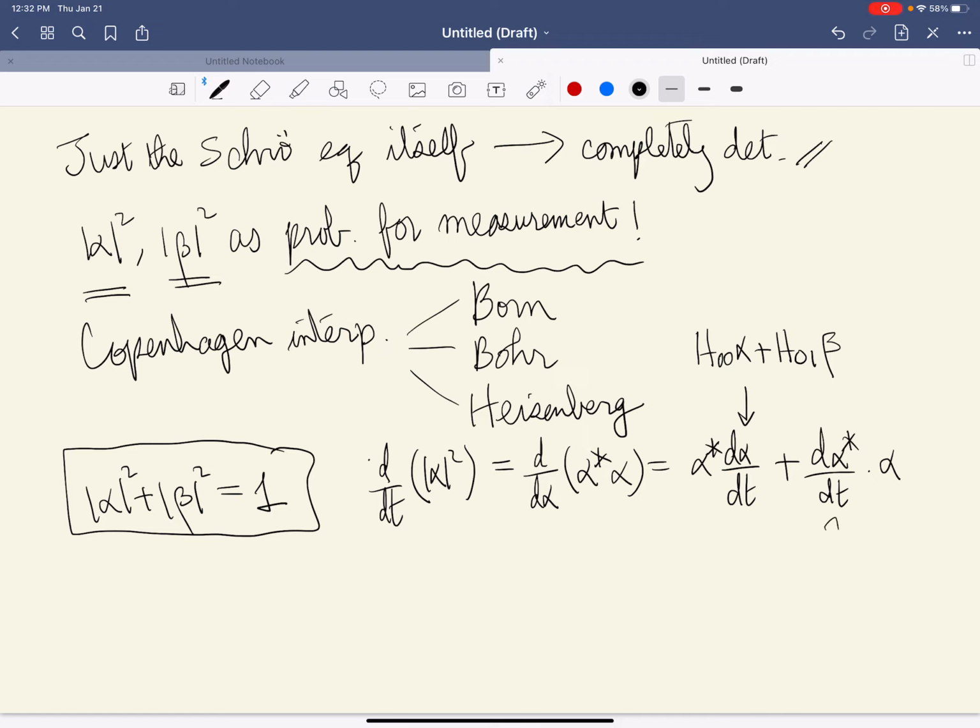And for the complex conjugate, we will find h00 star alpha star plus h01 star beta star. Okay, so I'm writing this as h00 star because I have not yet implemented the assumption of hermiticity. So at the moment, I'm just treating all of these coefficients, h00, etc., as arbitrary complex numbers.